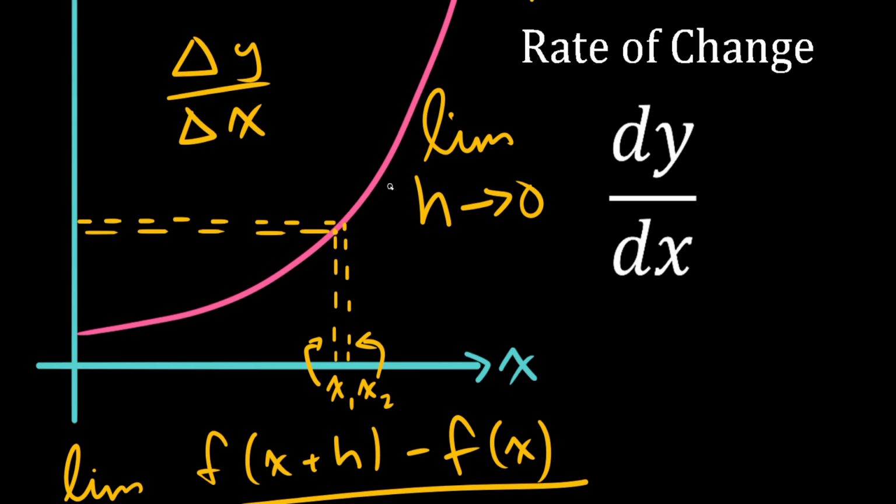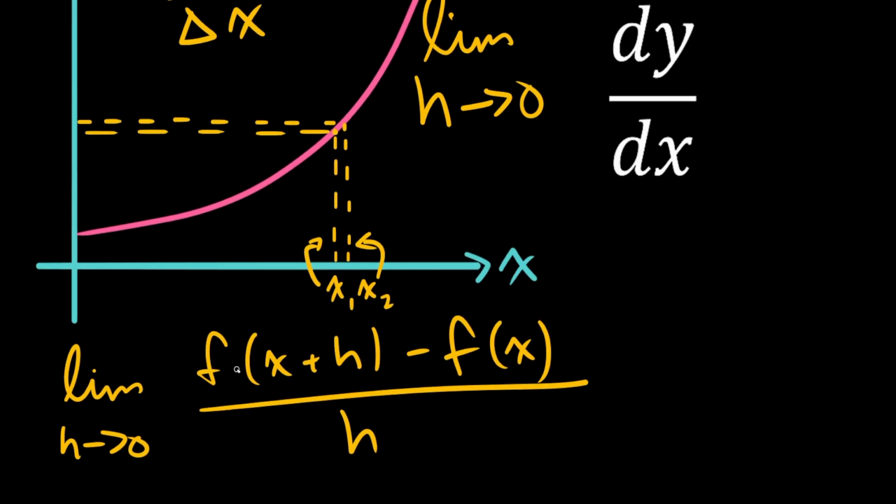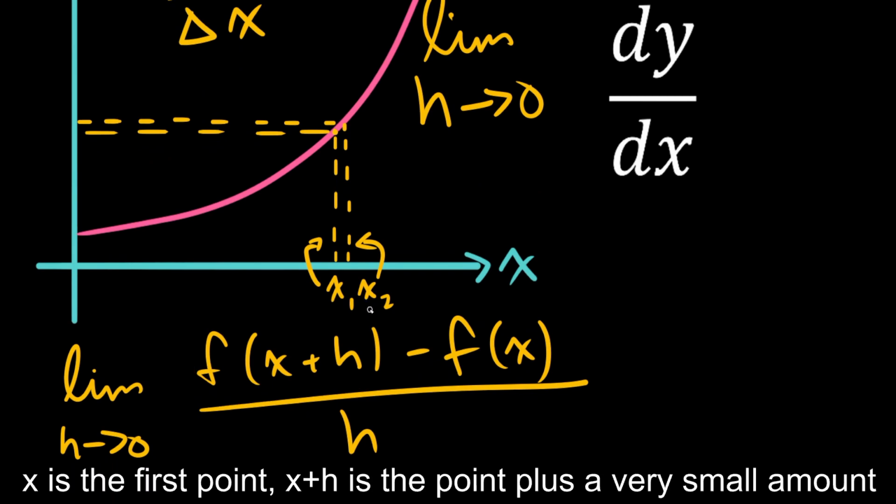So to find the height, you would have y2 minus y1. So you have to remember from function notation that f of x is just the same thing as y. So what we have here is x2. This is x2 because it is x plus that infinitesimal amount.